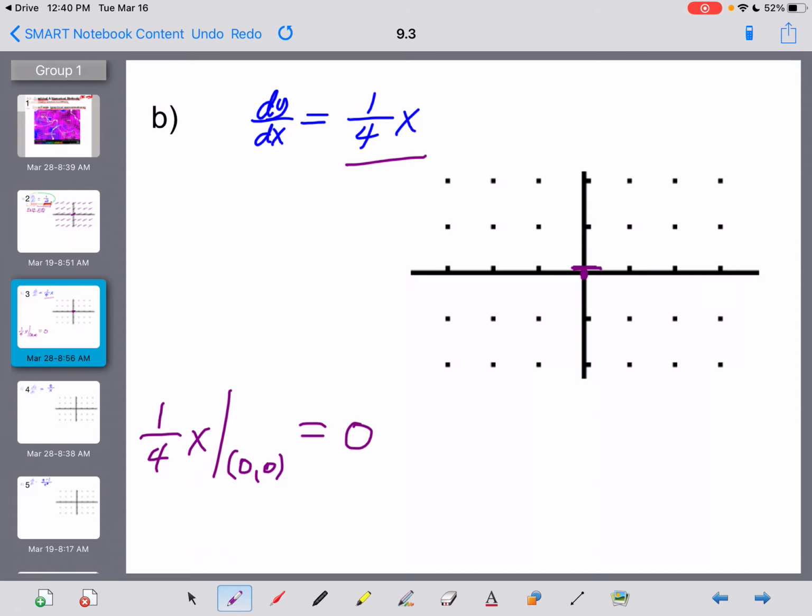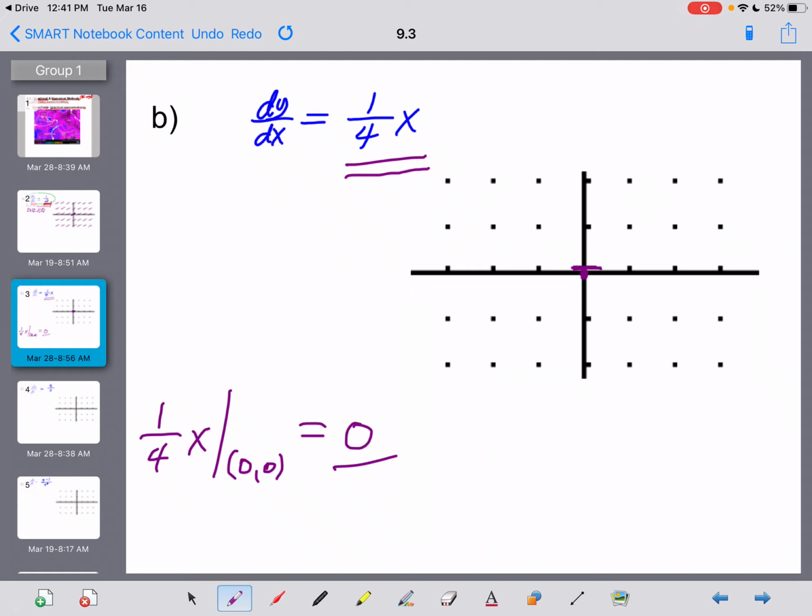Now, one of the nice things about certain slope field problems is 35 points sounds like a lot. I get that. However, there are patterns that emerge here, and I kind of said one a second ago, and I don't know if you noticed. See if you can answer this question for me. This derivative here, 1/4 x, will equal 0 anywhere what happens? 1/4 x will equal 0 anywhere that x is 0.